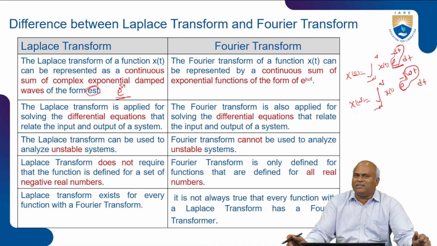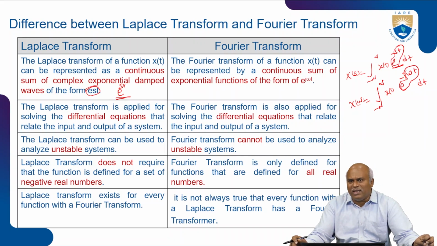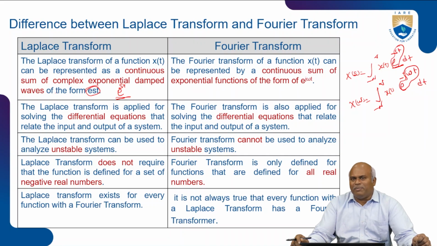Next difference. The Laplace transform does not require that the function is defined for a set of negative real numbers, but the Fourier transform is done for all real numbers.